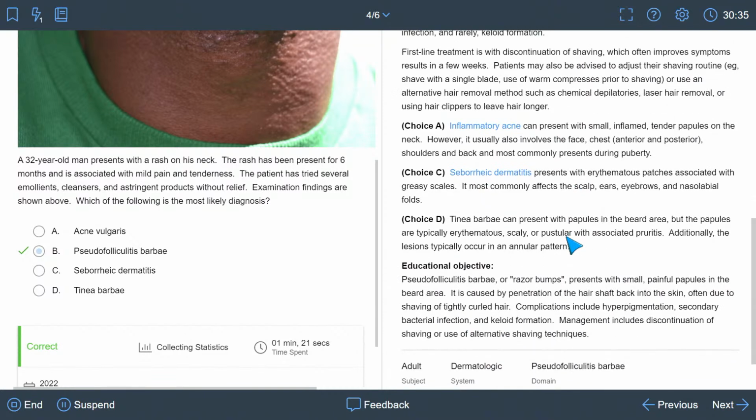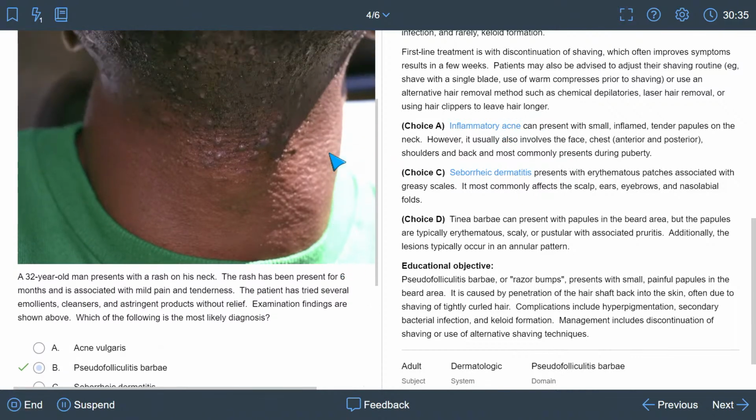So let's go through and see why the other answer choices are incorrect. A, acne vulgaris. Inflammatory acne is typically a small, inflamed, tender papule on the neck. However, it would also be seen on the face, chest, shoulders, and back. So let's actually take a look at this hyperlink so that we can compare it to the pseudofolliculitis.